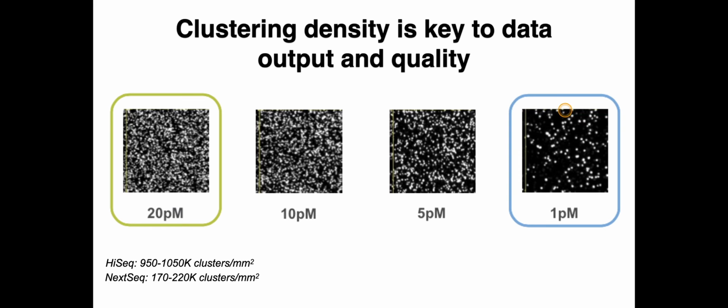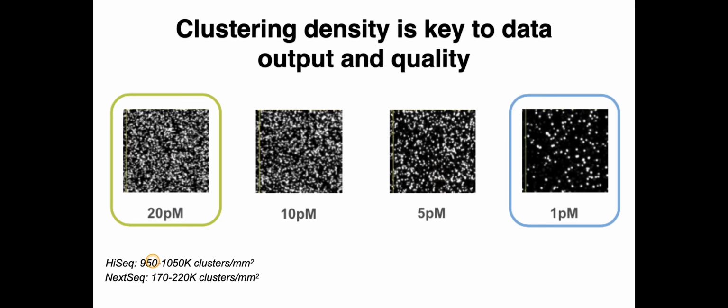On the other end of the spectrum is underclustering and not putting enough material onto the flow cell. And in that case, we get good data. The cameras can easily distinguish each of these spots and collect good data from those spots, but we just get very little data. So the risk of underclustering is just a decreased amount of data collection. So there is still, by your sequencing center, this sweet spot they try to hit of getting enough clusters that we get good amounts of data, but not so many that we end up over clustering.